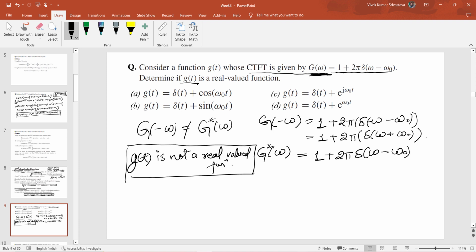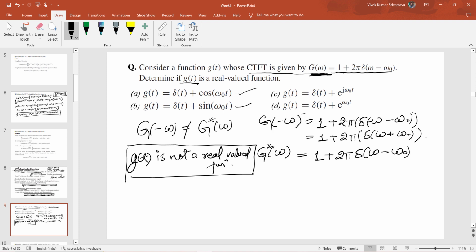From the above four options, we can now select which one is a non-real valued function. In option A, G of t is equal to delta plus cos of omega naught t, so this is a real valued function. Similarly, G of t is equal to delta of t plus sine of omega naught t is also a real valued function.